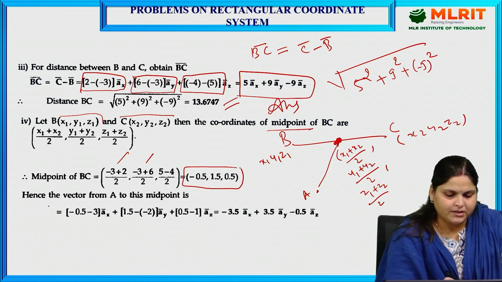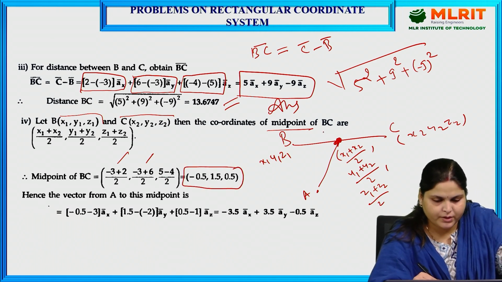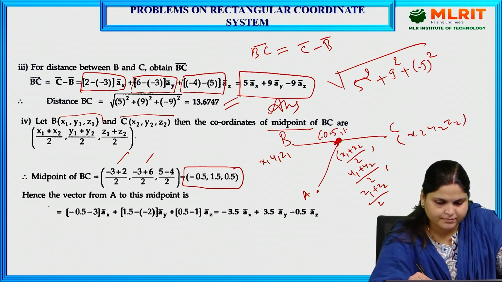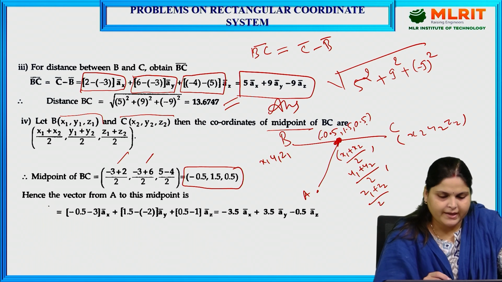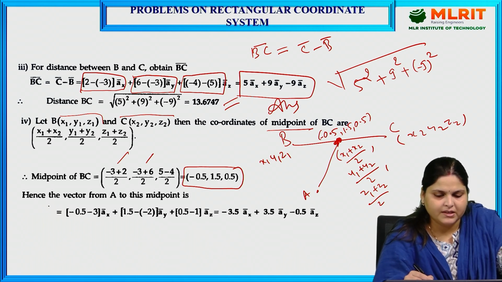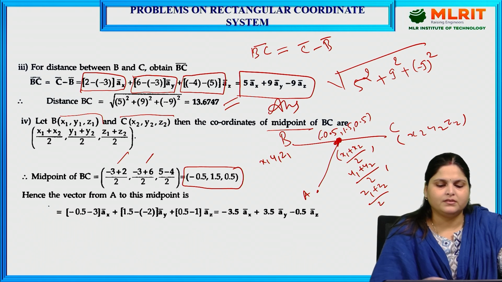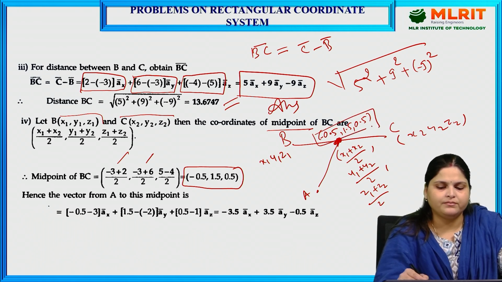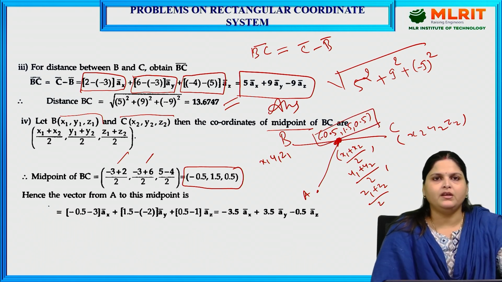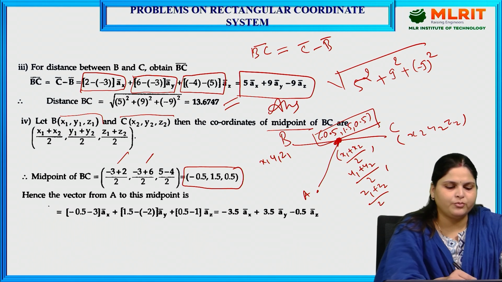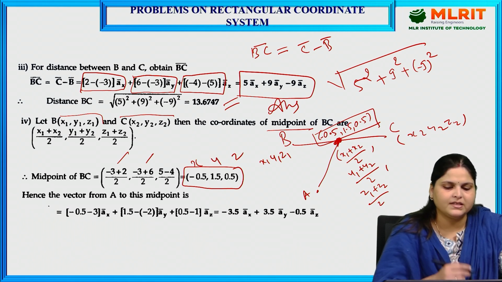So we get these coordinates, and these are the coordinates of this midpoint, means exactly between B and C. The coordinates are this: minus 0.5, 1.5 and 0.5. This is x, this is y and this is z.